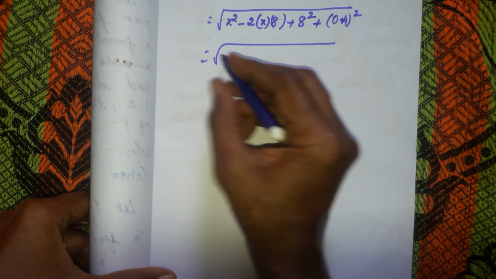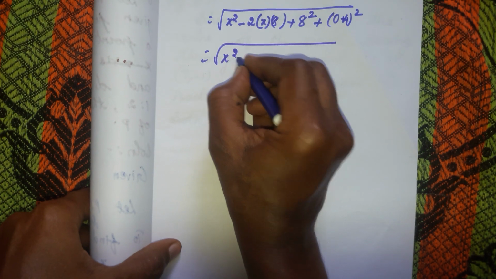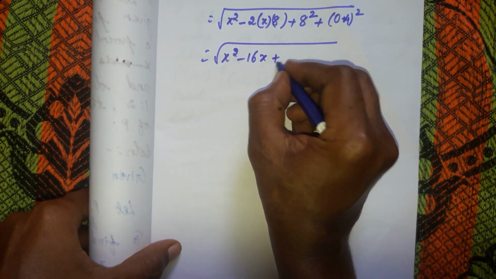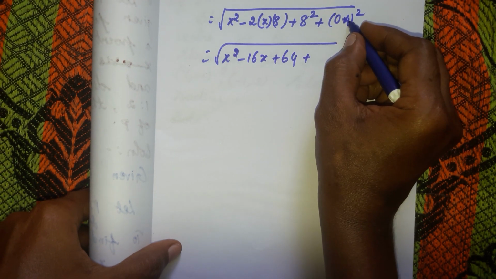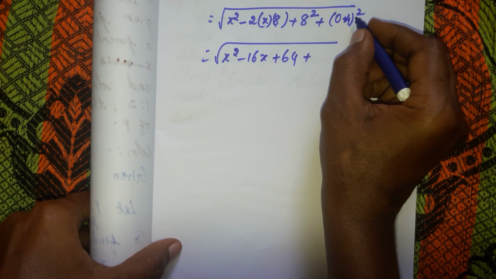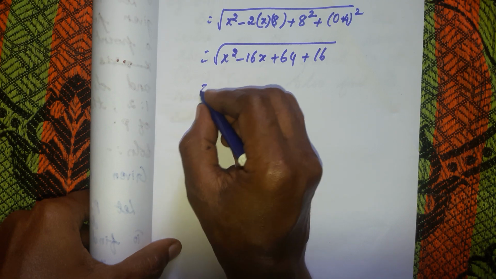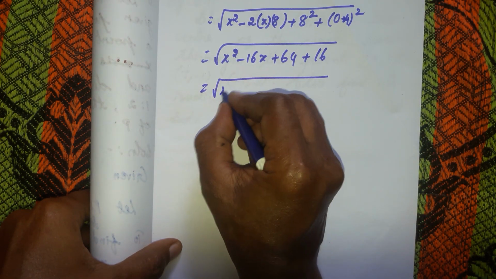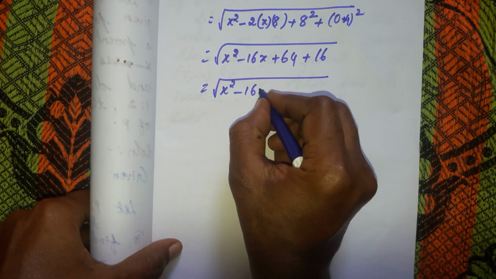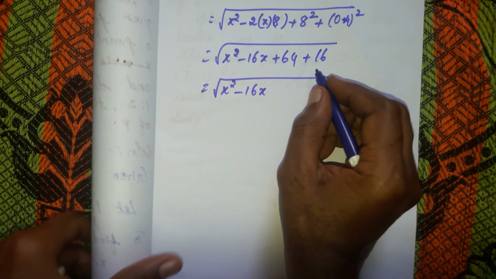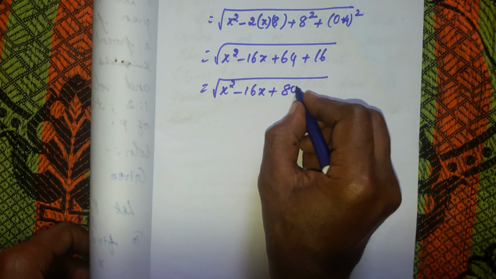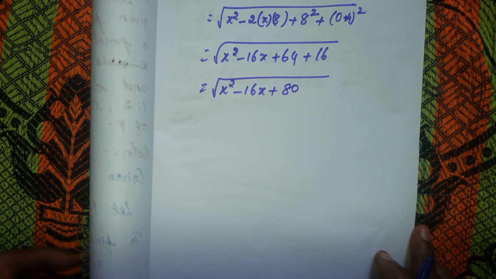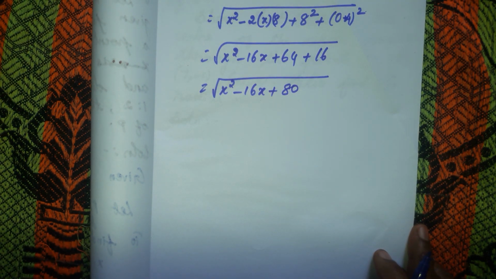It's equal to root of x square minus 16x plus 64 plus 4 square, 4 square is 16. It's equal to x square minus 16x, 64 plus 16 is 80. It's equal to root of x square minus 16x plus 80.